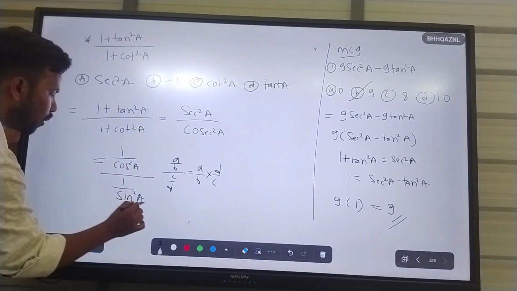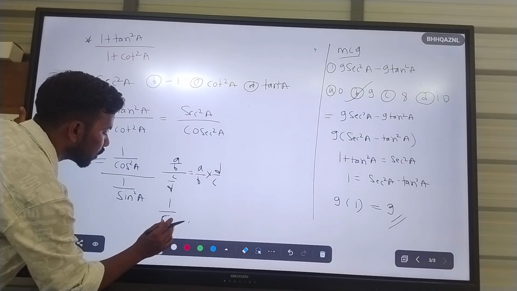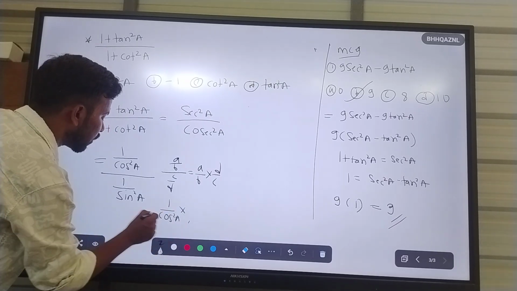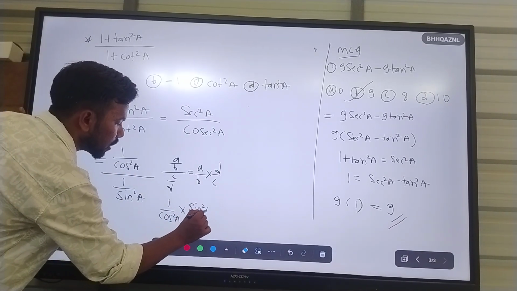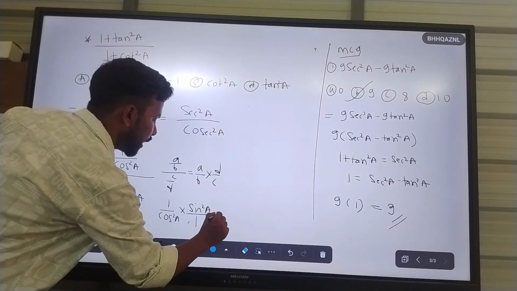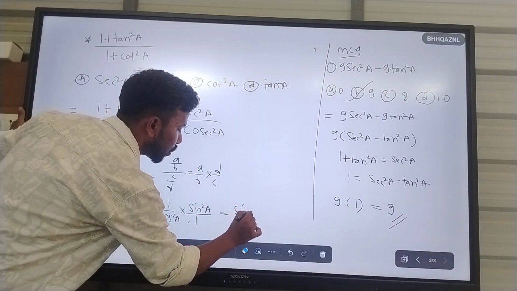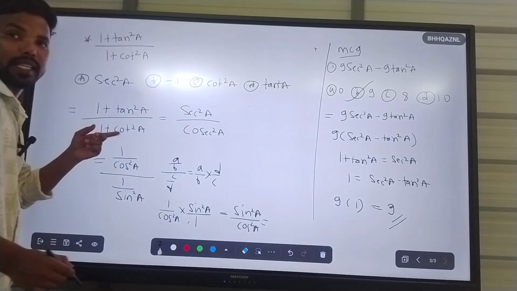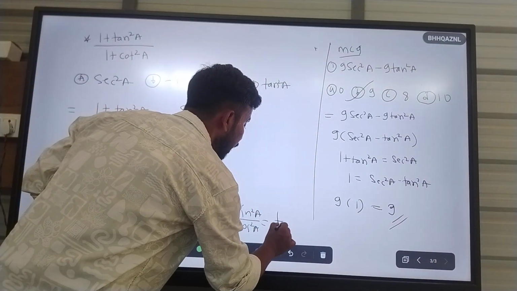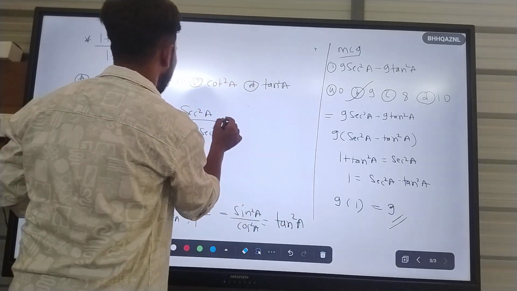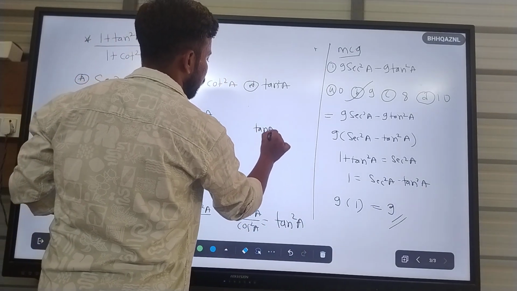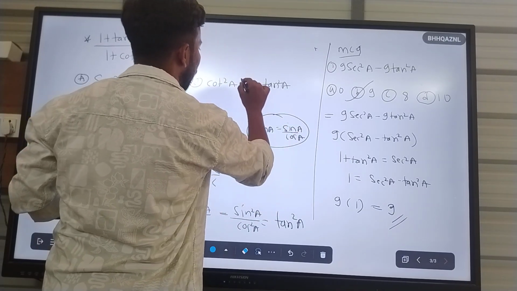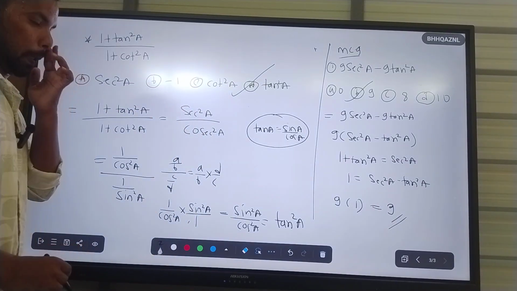So 1 by cos square A as it is, and sin square A by 1. So 1 into sin square A over 1 into cos square A, sin square by cos square, sin by cos is tan. Tan is equal to what? Sin A by cos A. So which option is correct? Option D is correct, tan square A.